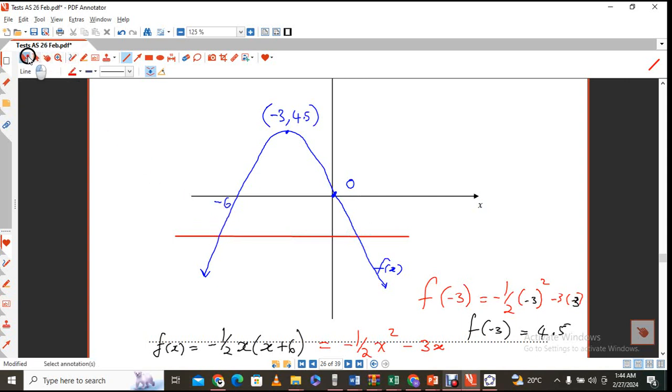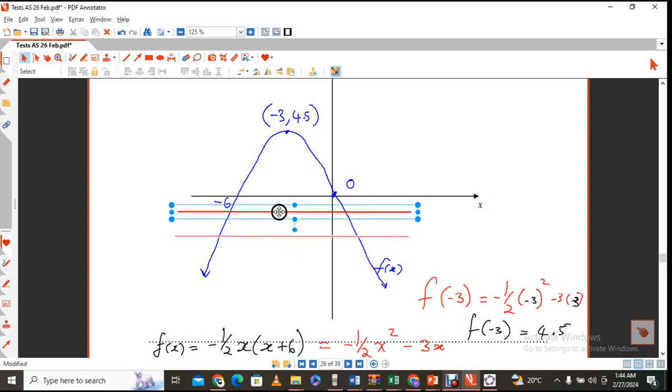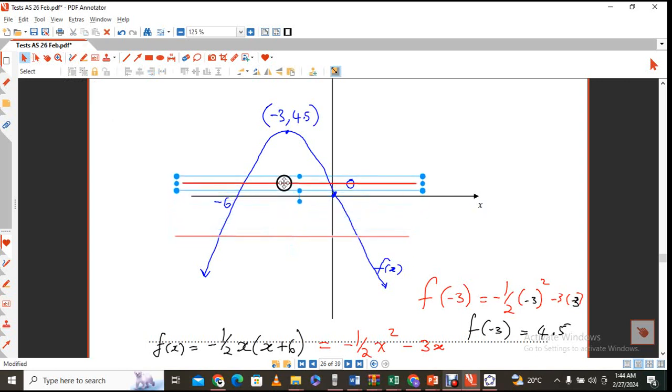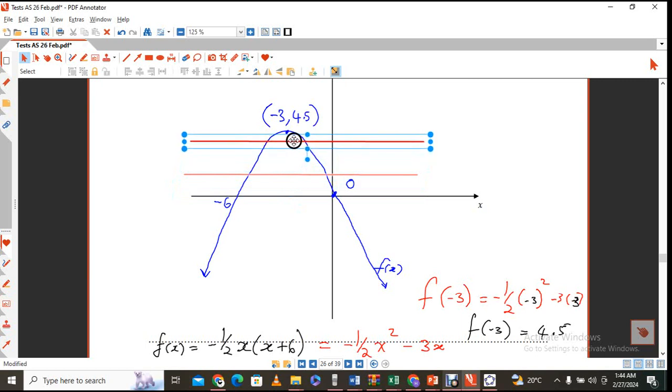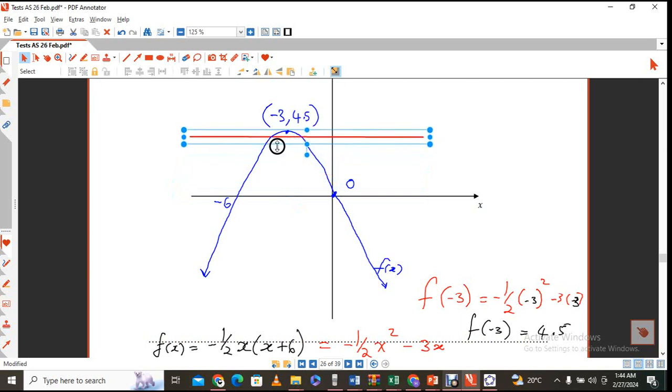So therefore, in a nutshell, if I was to take that line and I move all the way up here, can you see that? You'll see that one root here will be negative. So basically, from 0 all the way up to the turning point, you're going to have both roots negative.